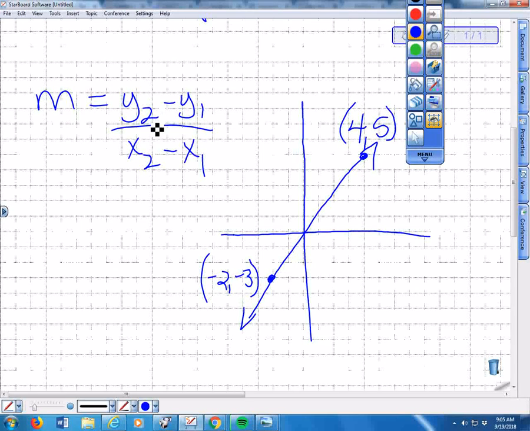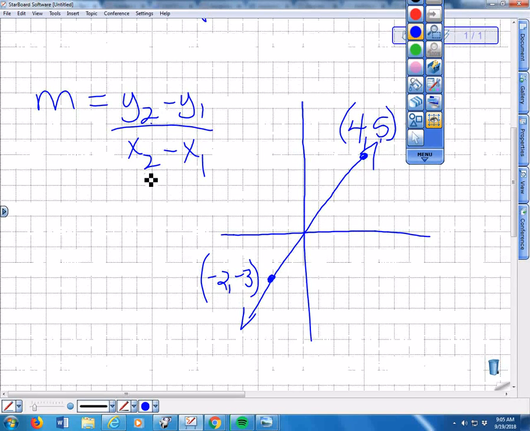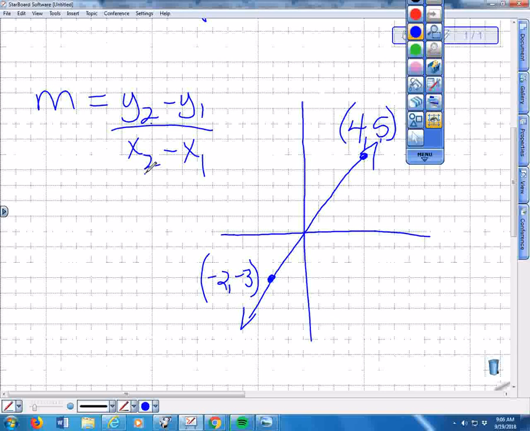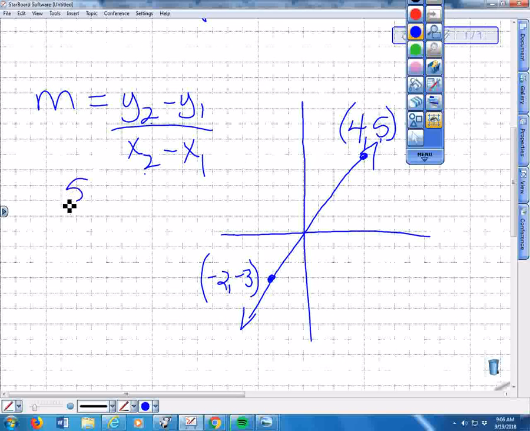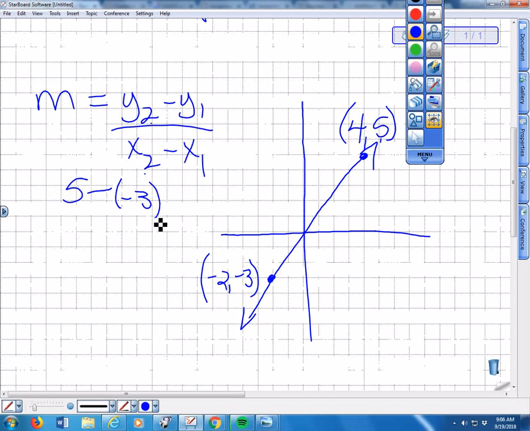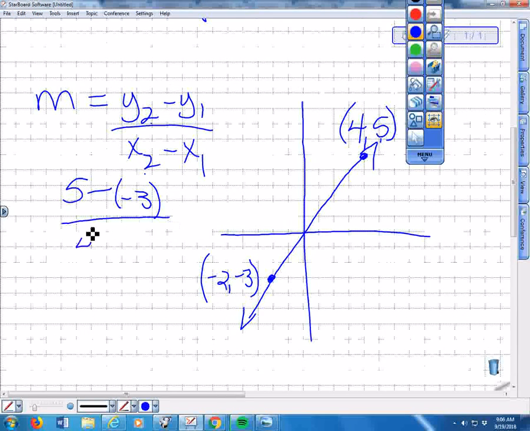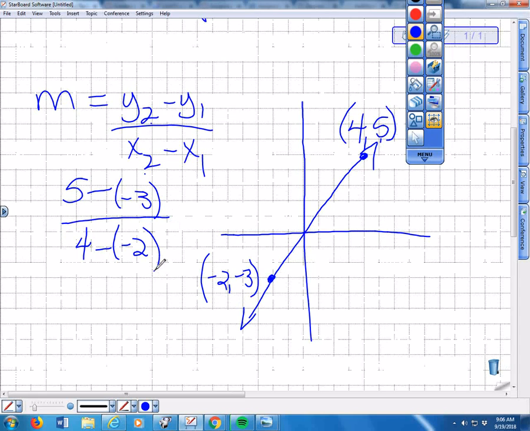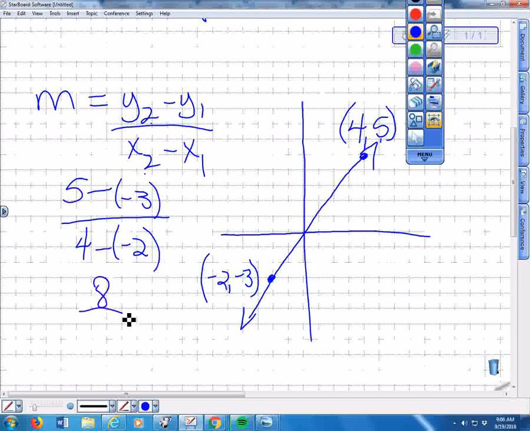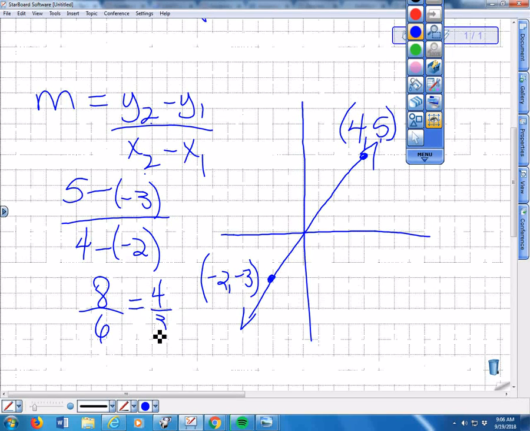If y2 is this point, then make x2 that point also. But it doesn't matter which one you call point 2 and point 1. So if I use this formula, I'm going to call this point 2: 5 minus negative 3 over 4 minus negative 2. Well, 5 minus negative 3 is 8. 4 minus negative 2 is 6. So the slope is 4/3.